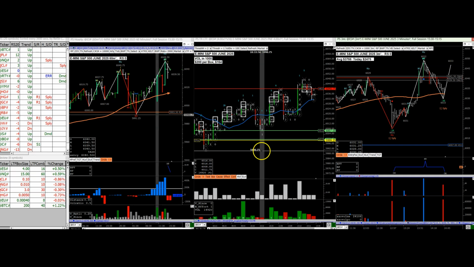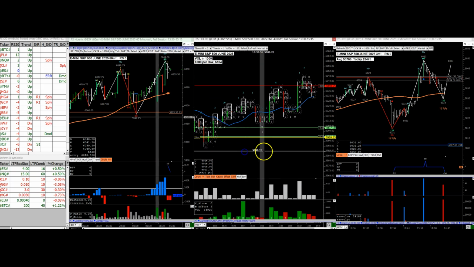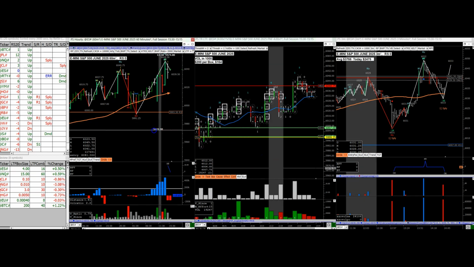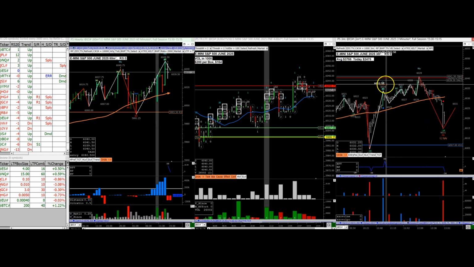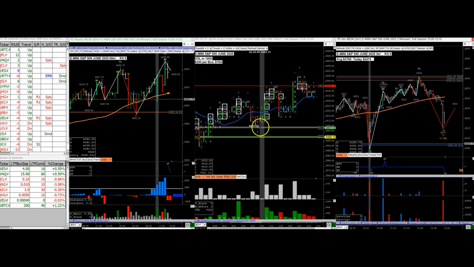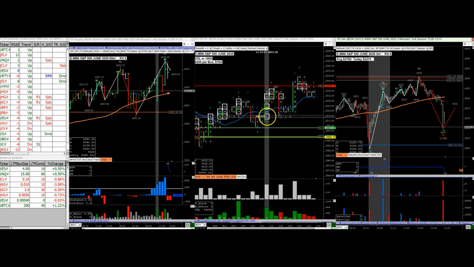All right, so that's what I wanted to review with the ES. Basically, you have demand. Where's the demand? This is the demand. Where does it come from? It came from this level and went up, then pulled back. Where did it test? Area of demand. Where? The demand zone.